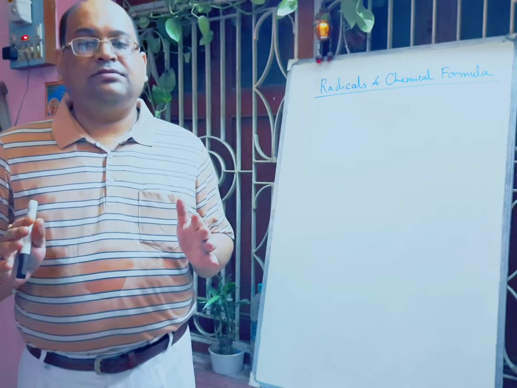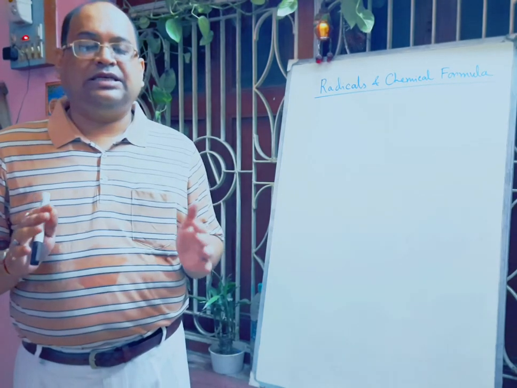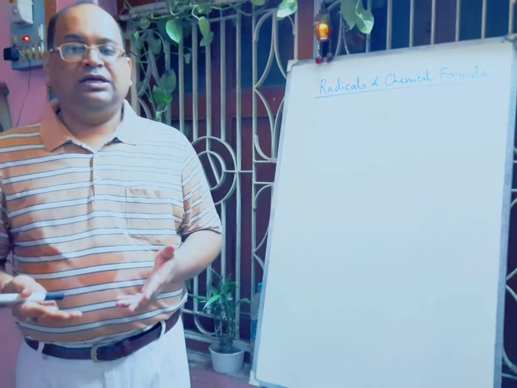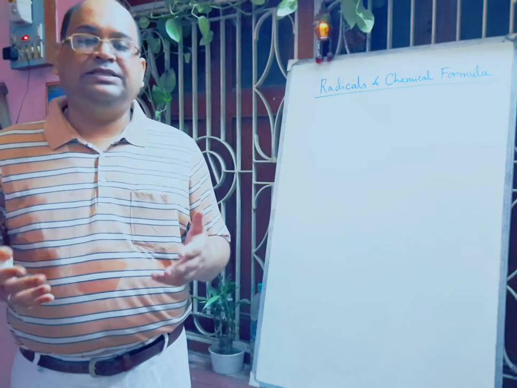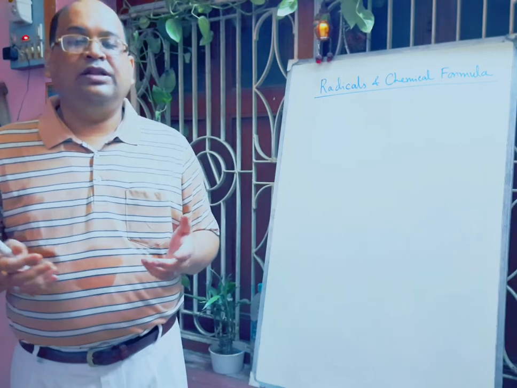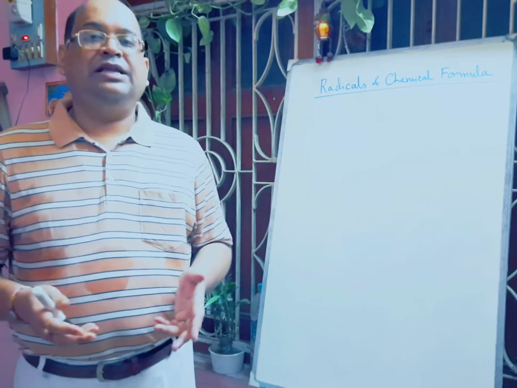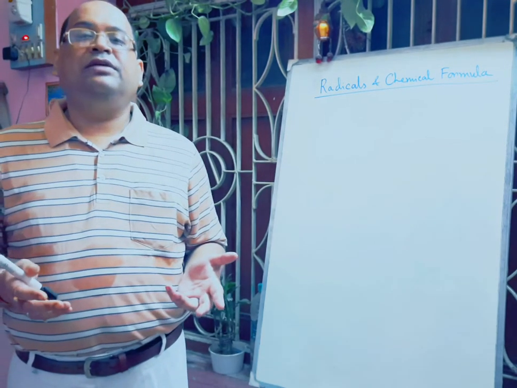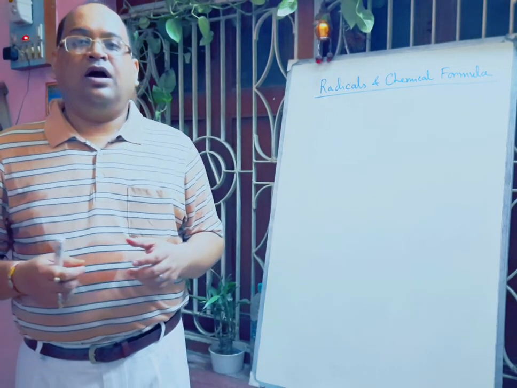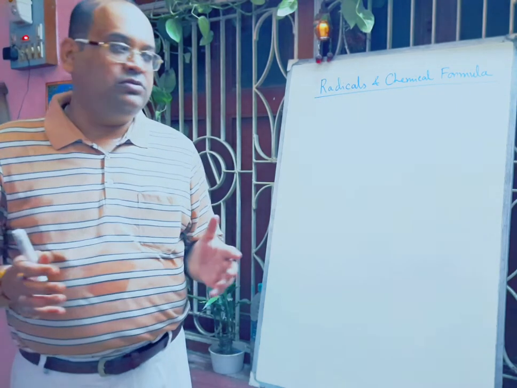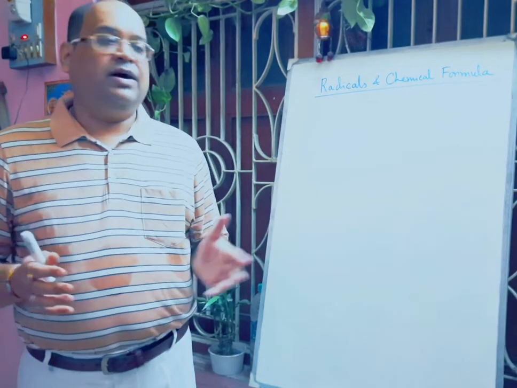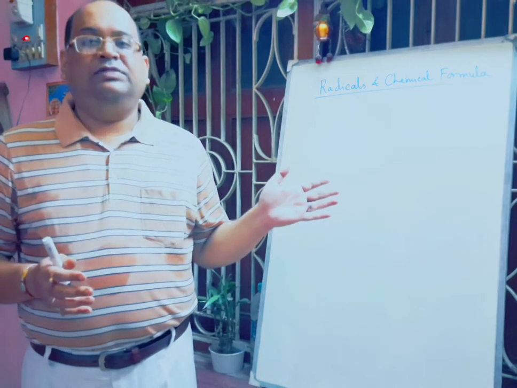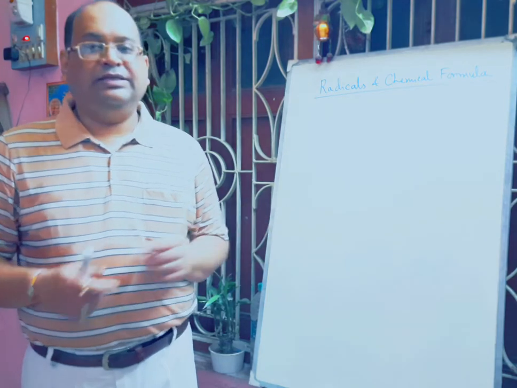There is discussion of 118 elements, their compounds, their formulas. So formula is very much important. Chemistry means chemical reactions. When you want to write a chemical reaction or balanced chemical reaction, you have to write the proper formula. Otherwise, your chemical equation will be incorrect.